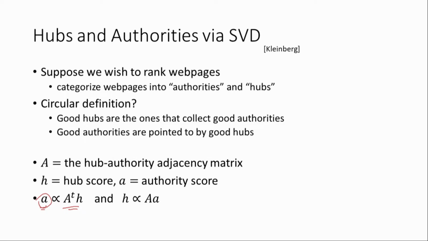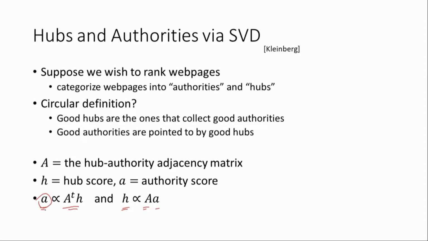Which means that the vector a is proportional to A transpose times h, because A transpose times h is really the sum of the hub scores of the pages that you're pointing to. Similarly, the vector h is proportional to capital A times a, which means that if you are pointing to high authority pages, then your hub score should be proportional to the sum of these authority scores.